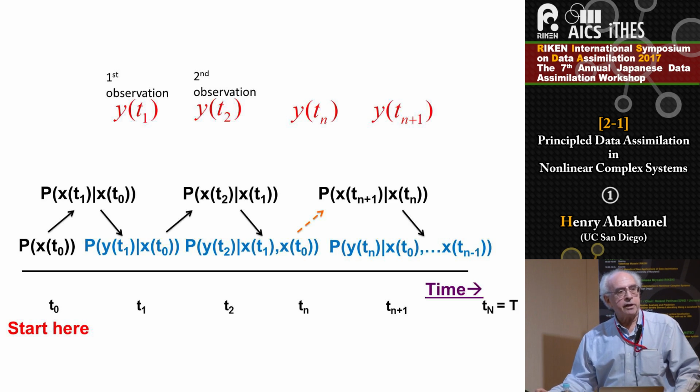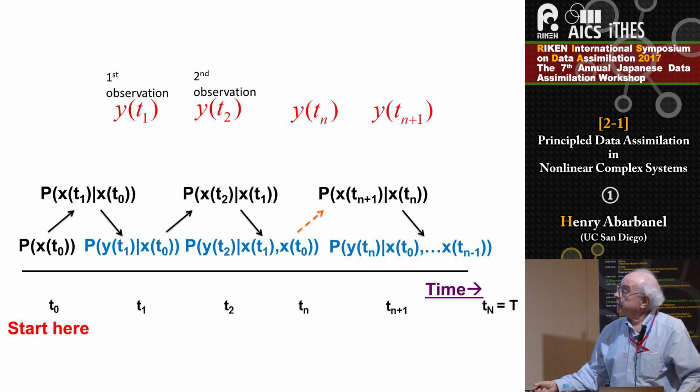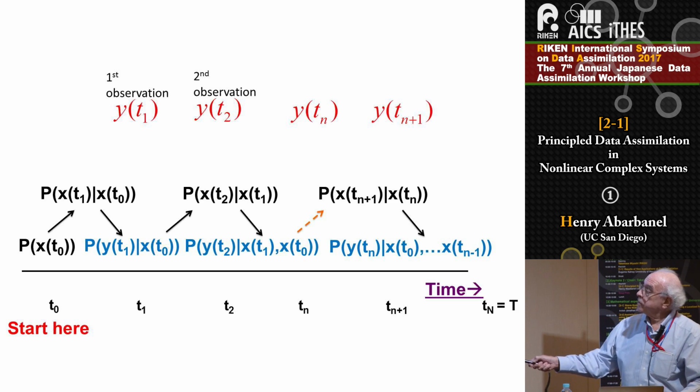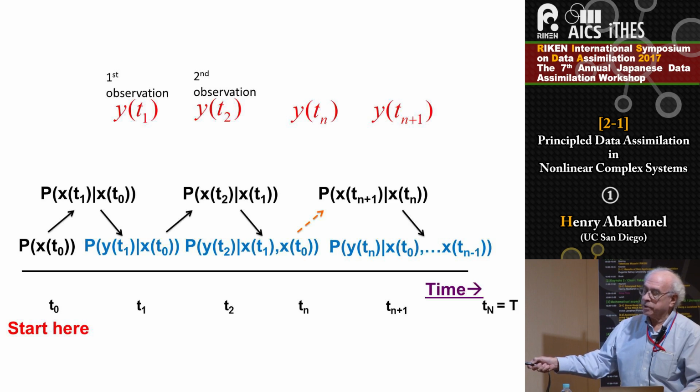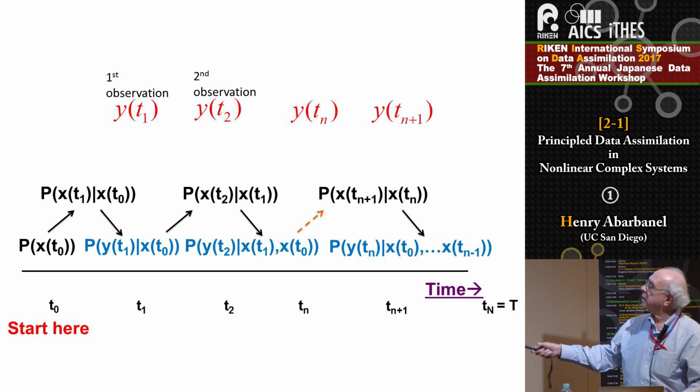In physics, it's called the initial condition. We then move the system from time 0 to time 1, at which point we make an observation, which gives us a modification of the probability distribution. We then move the system from time 1 to time 2, at which point we make a modification that tells us the effect of the measurement. And we continue that cycle until we get to the end of the measurement window.